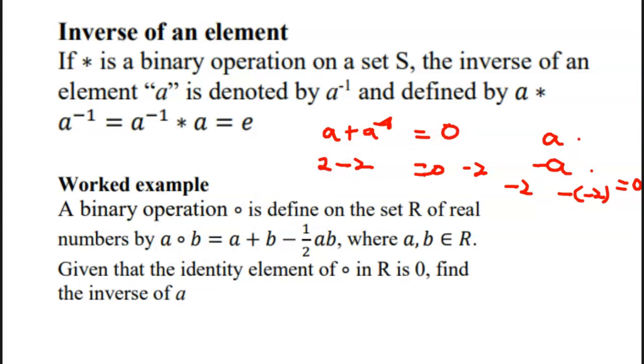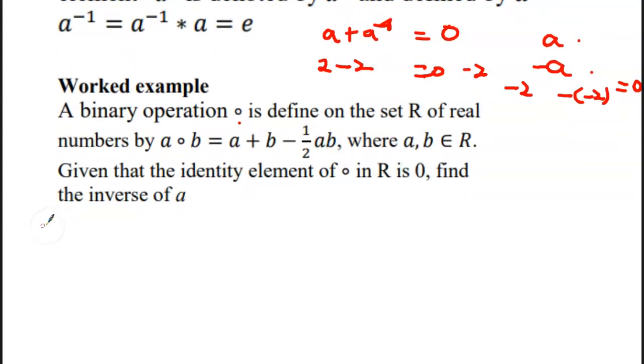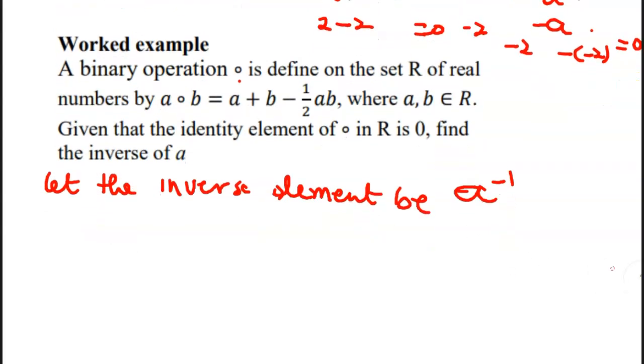Okay, let's look at other examples. A binary operation is defined on the set R of real numbers by this, where A and B are all real numbers. Given that the identity element is 0, we have to find the inverse. So let the inverse element be A to the power minus 1.